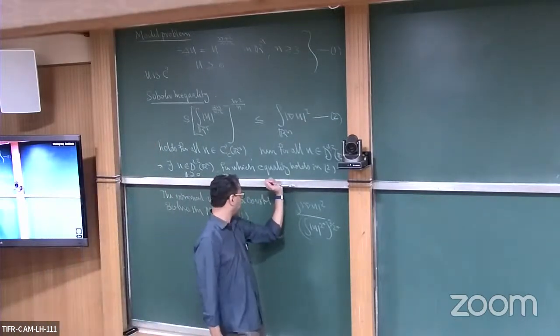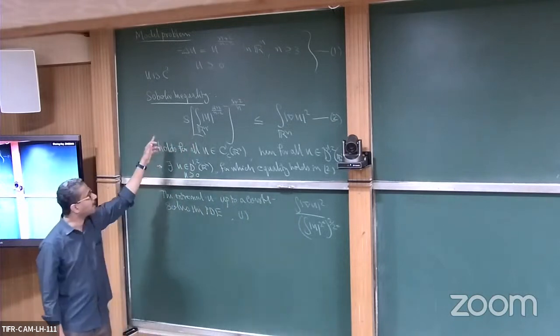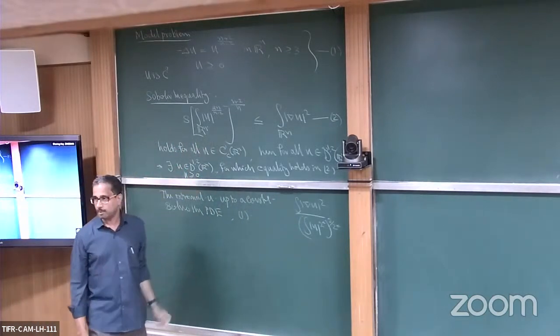So that is one way these solutions come. They are the extremals of this Sobolev inequality.